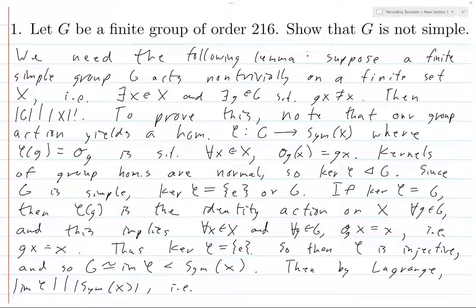I wrote down in my proof that this uses an isomorphism theorem, but then I was like, no, that doesn't use an isomorphism theorem. That's just a basic fact.